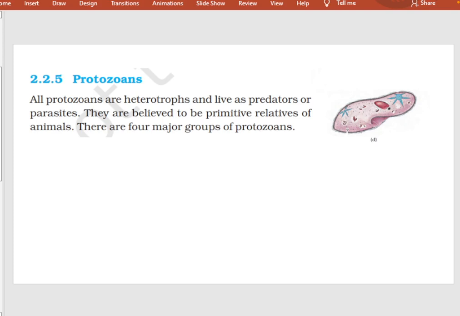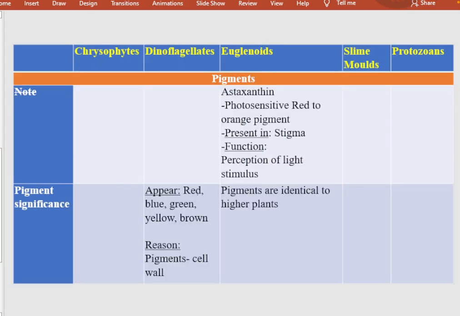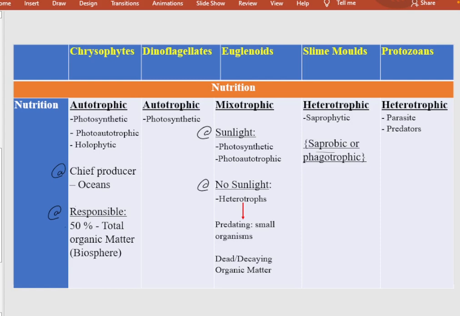Clear information on pigments. Now after pigments, we will be seeing reserve food material and nutrition. These are autotrophic, so they perform photosynthesis: photoautotrophic, holophytic, meaning completely performing photosynthesis similar to plants.